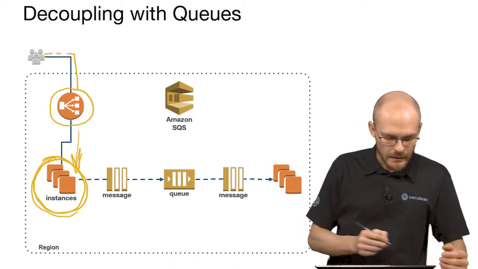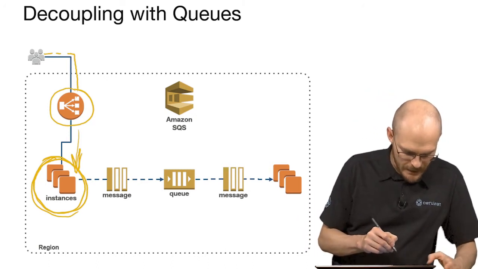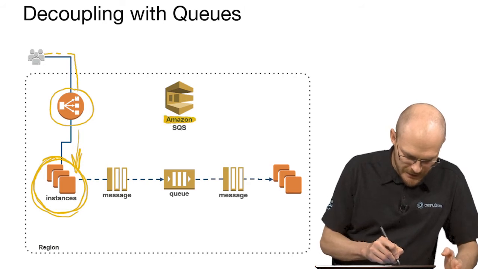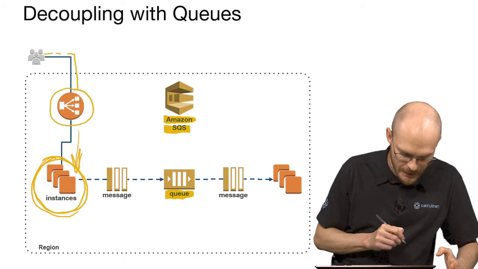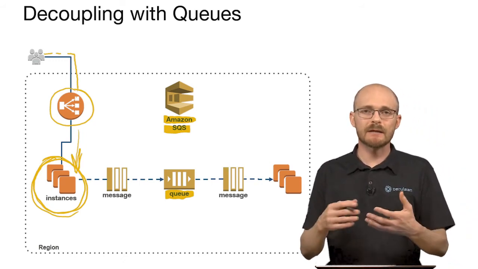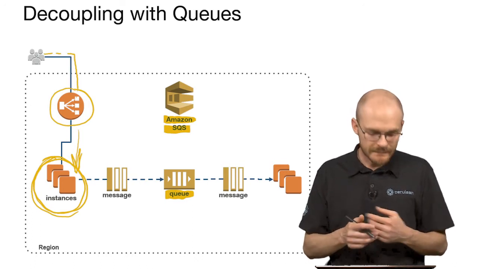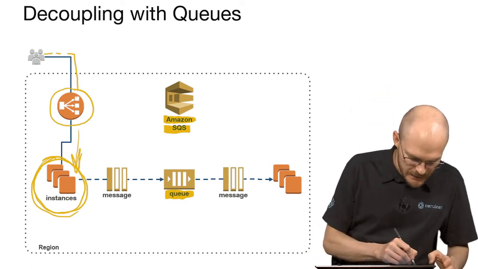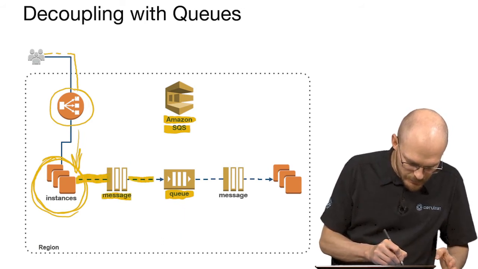And so the way that we could use this is that within Amazon SQS, within the service, we simply create a queue. And that's all we have to do. We create a queue, we give it a name, and for that queue, we get a particular DNS endpoint. And then our instances send messages to the queue.